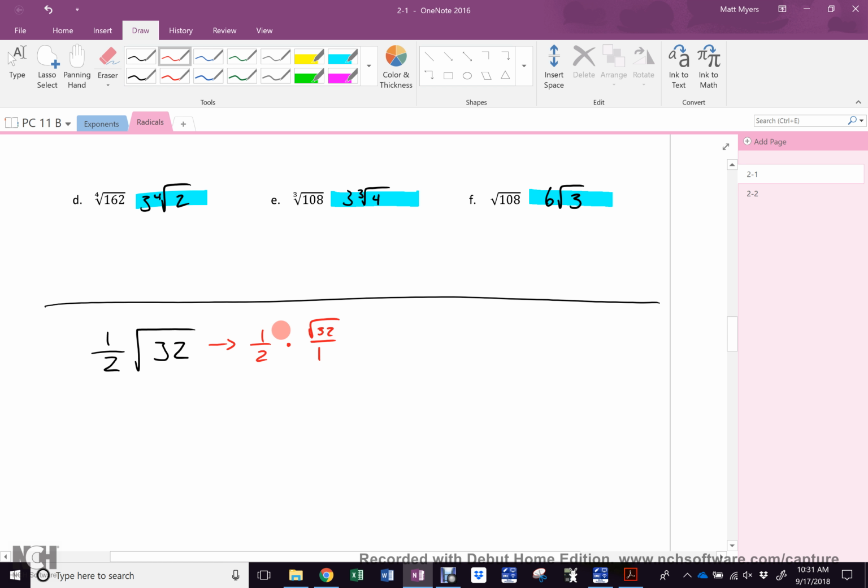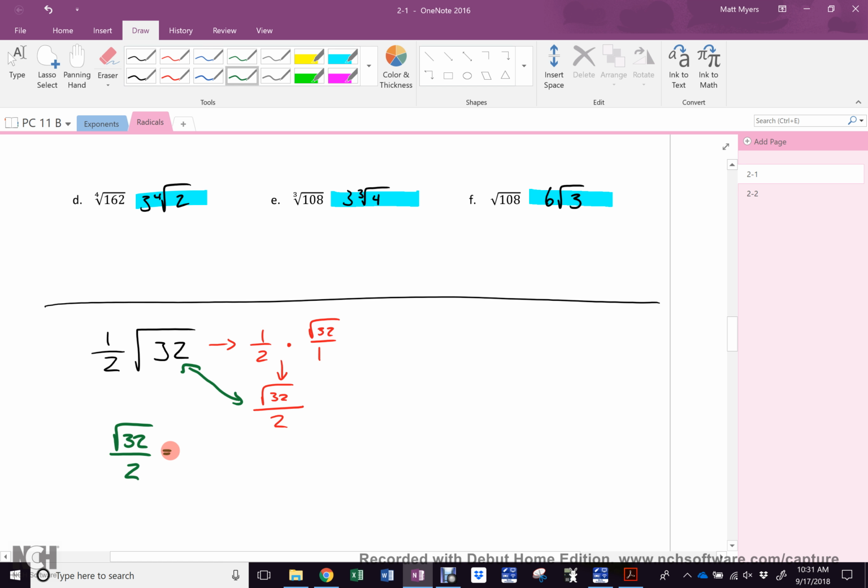Now, what is 1 times the root of 32? Root 32 over, what's 2 times 1? 2. If this equals this, and this equals this, then what do you know about that? That they're the same thing, yes? So I'm allowed to write root 32 over 2. Everybody cool? Now, what would you do with the 32?